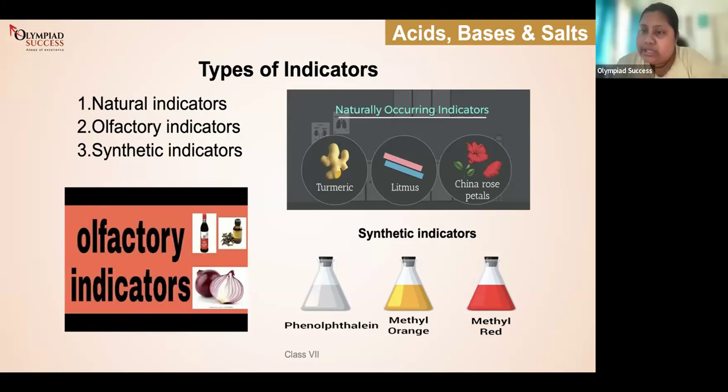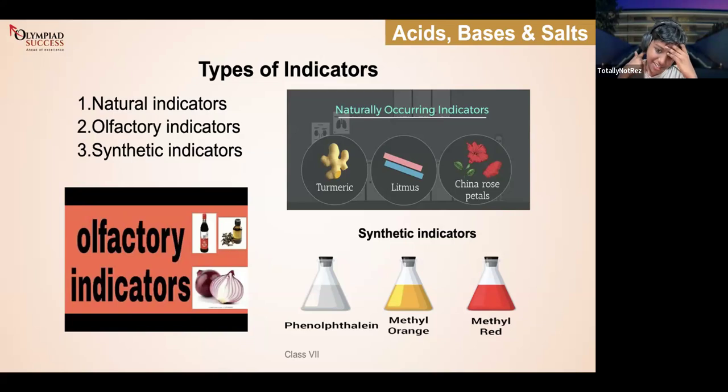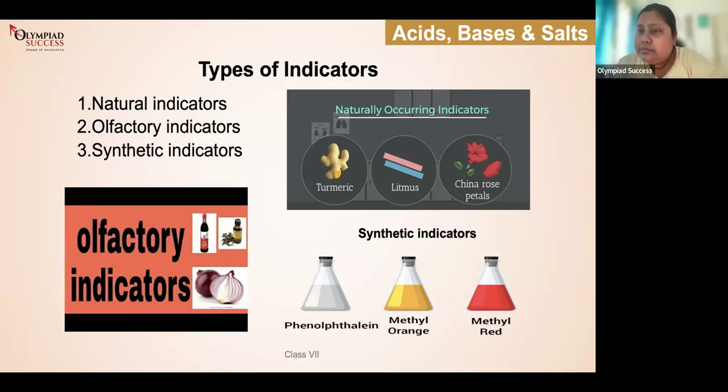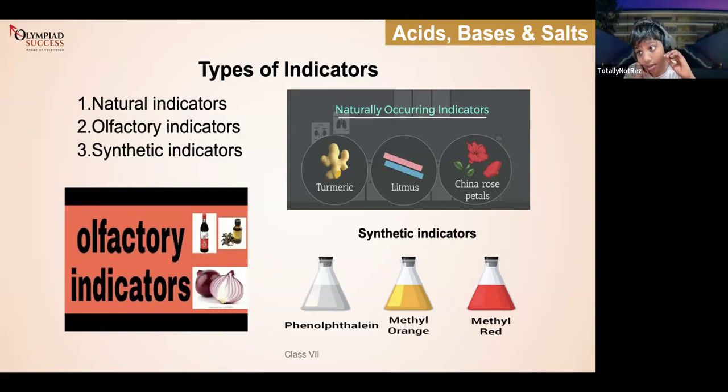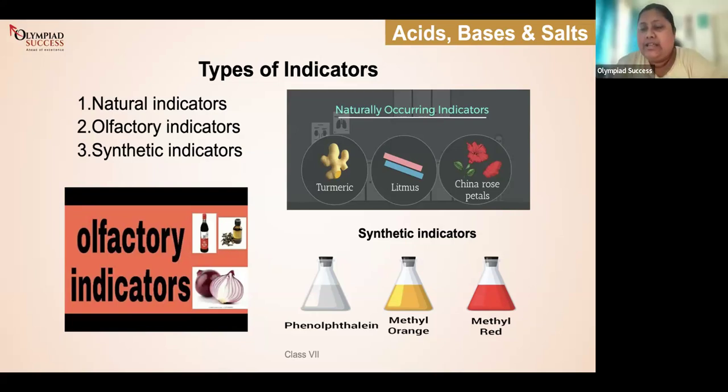Now moving on to synthetic indicators, they are made in laboratories by mixing things. There are three of them given here: phenolphthalein, methyl orange, and methyl red. Phenolphthalein is a very commonly used synthetic indicator that you will be using after grade 10, in grade 11 and grade 12. It turns pink when something is basic. So you will be using mostly phenolphthalein.